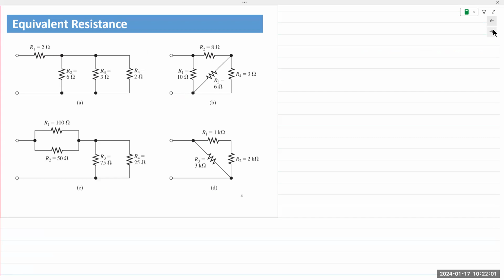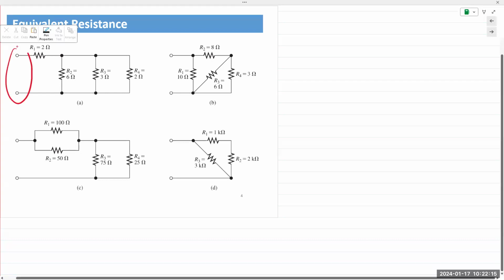So in this case, not this case, sorry, we have A, B, C, D, 4 resistors, 4 examples. And you have open terminals at the far left. And those open terminals are where we are trying to determine REQ.